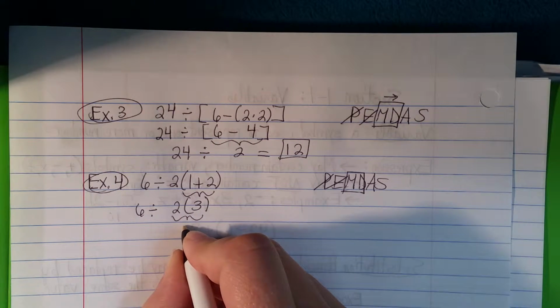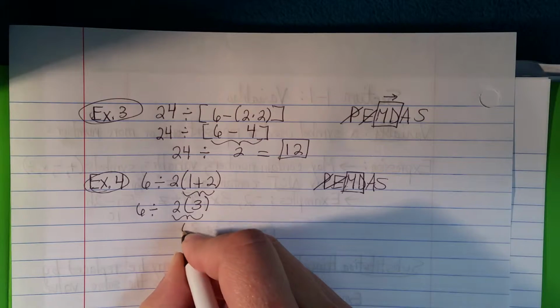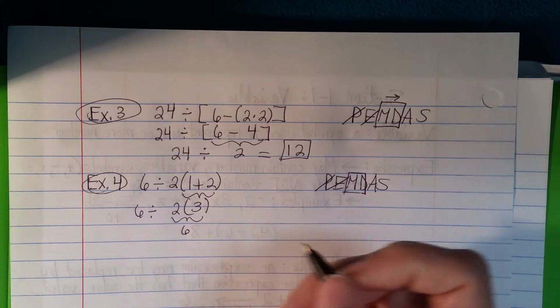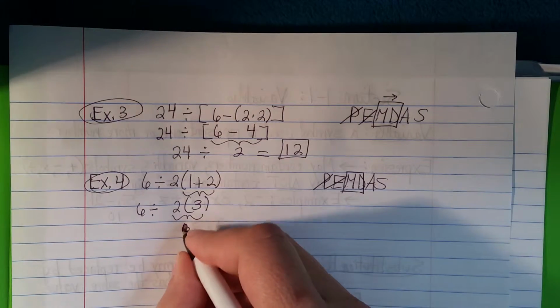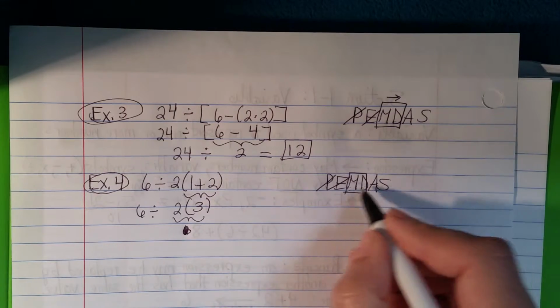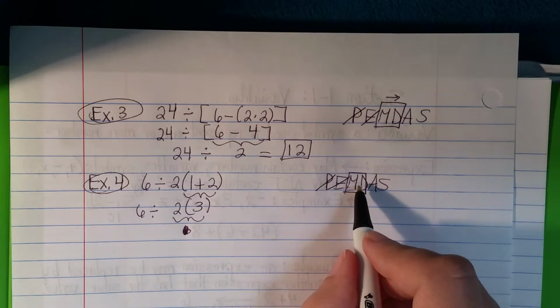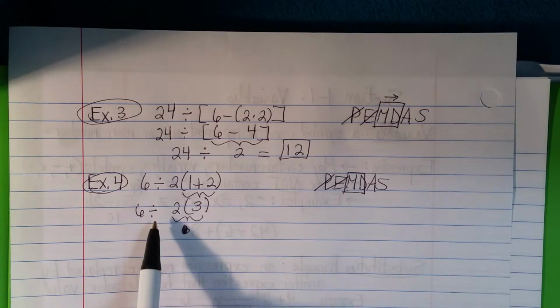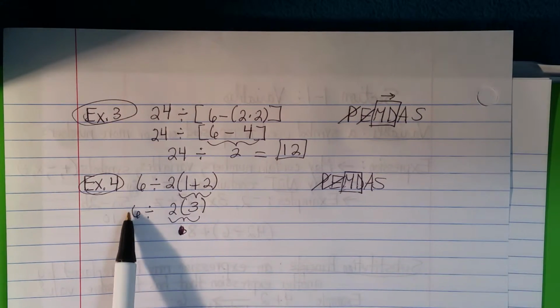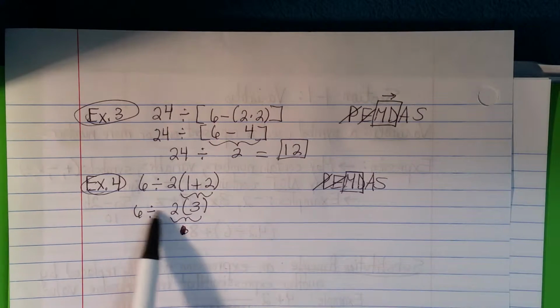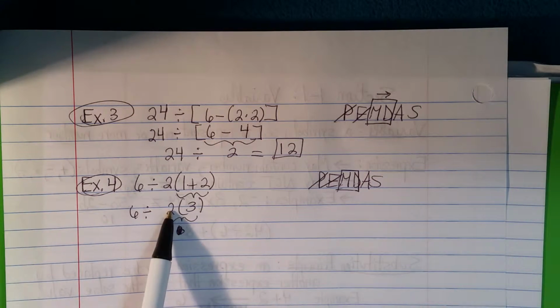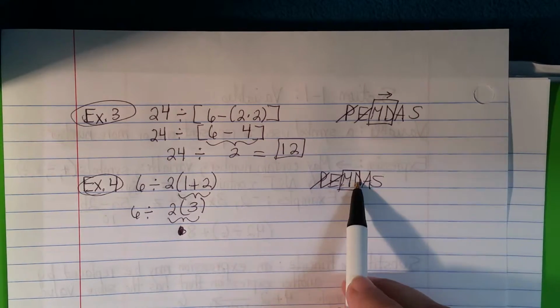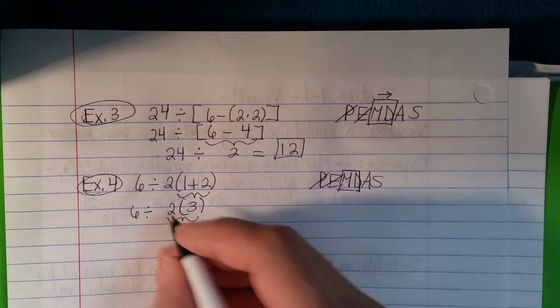Actually, no, my mistake. You have to do multiplication or division, whichever comes first, left to right. So that's where this is tricky. If I look left to right, division actually comes first. So you do want to do this first, even though the D comes after the M.